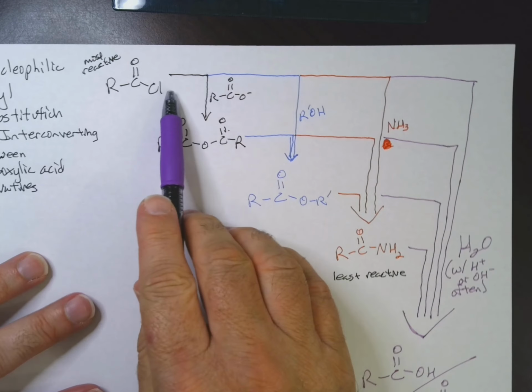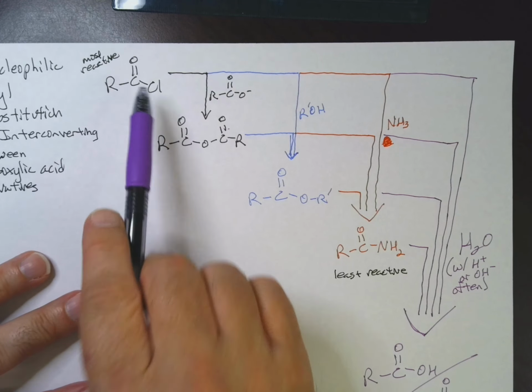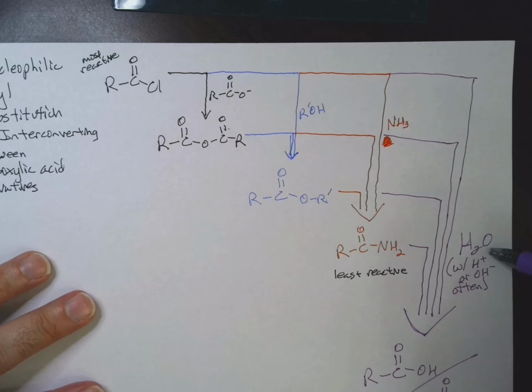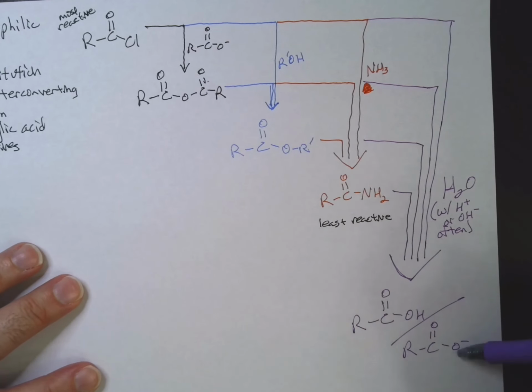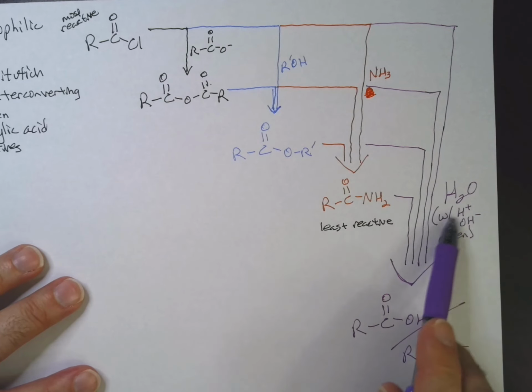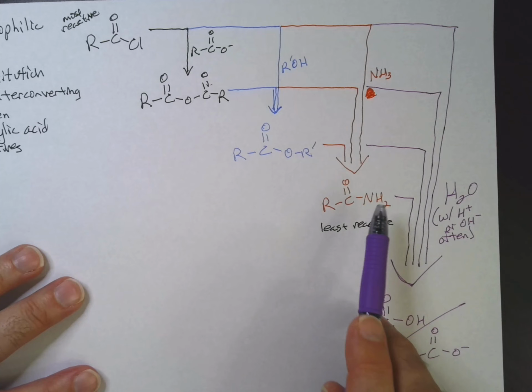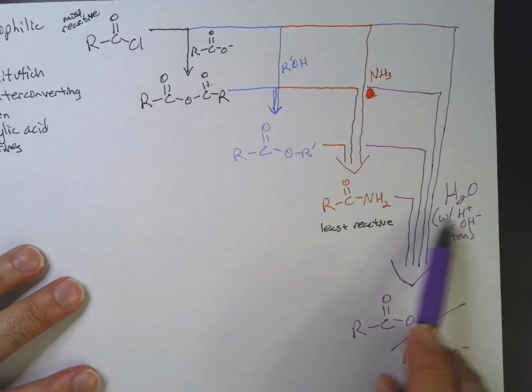And with the more reactive species, like the acid chloride and acid anhydride, you can just throw water in and it will hydrolyze them to the carboxylic acid or the carboxylate ion. For esters and amides, you need to have some acid or base catalyst. And for amides, you need more concentrated acid or base and heat it up.